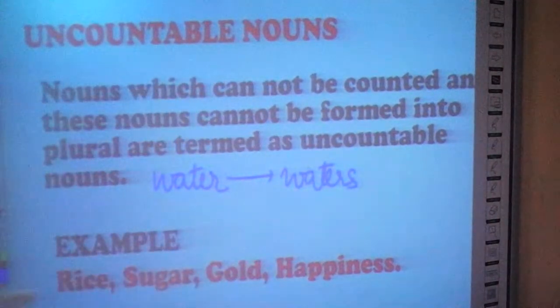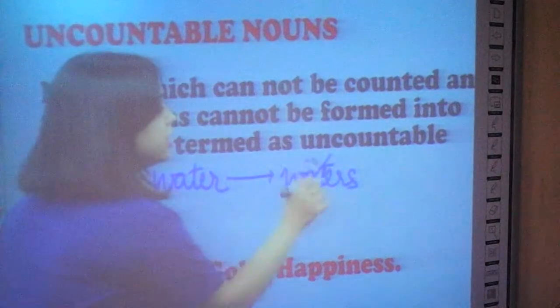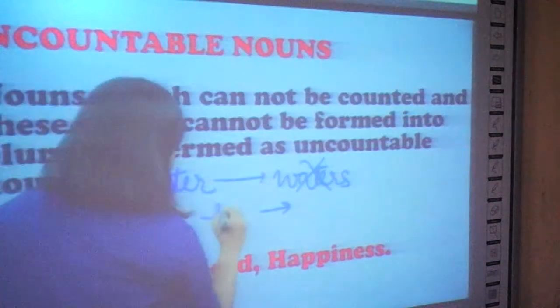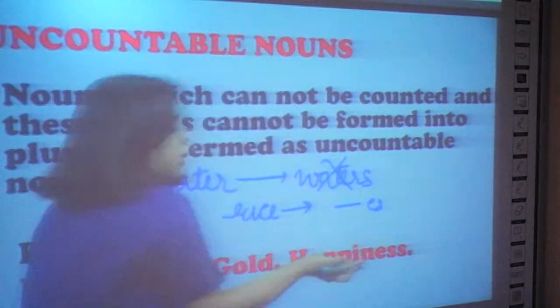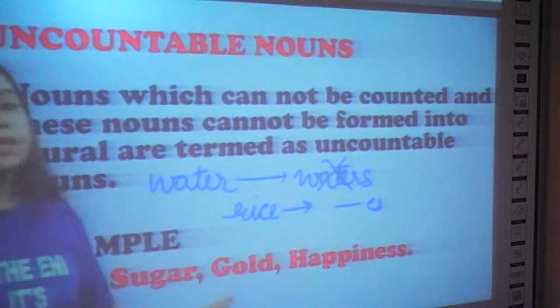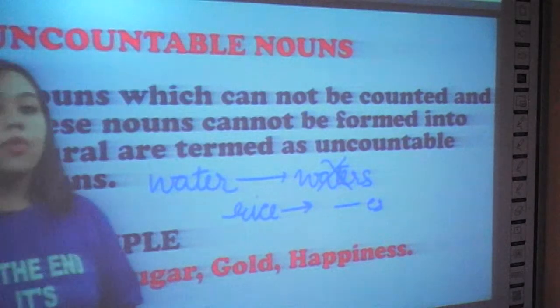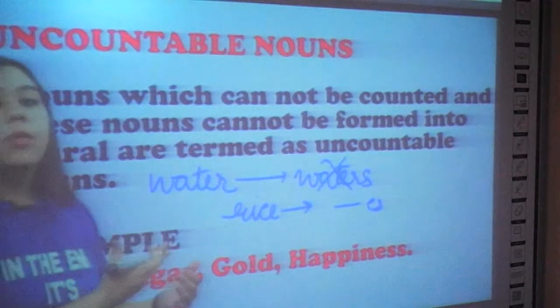No, waters as a noun doesn't make any sense. Can I say rice? Can I say rices? The same thing. No, I cannot do that. Okay. So the essence is the nouns that you cannot count cannot be converted into plural forms.